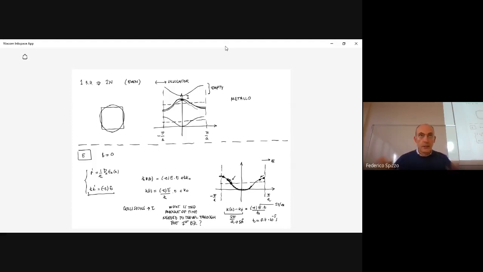So in general, you do not observe that. Why does this motion of the wave vector induce a current in the system?